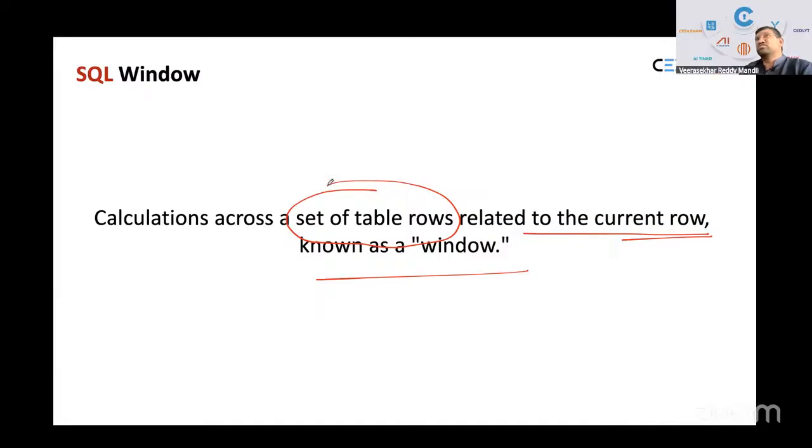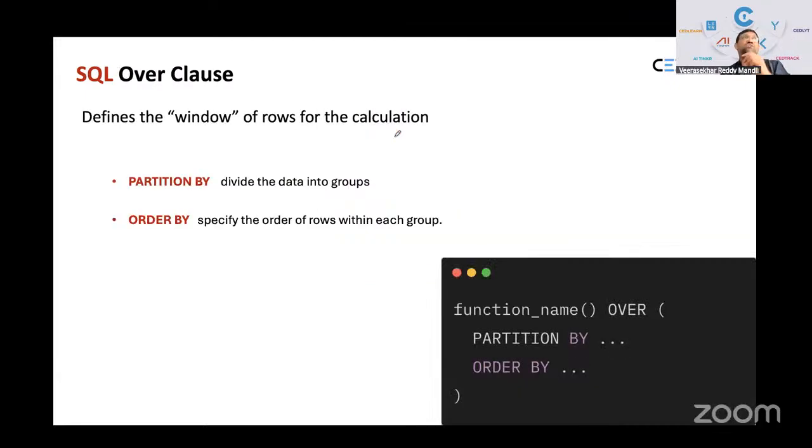For any window function, there must be one clause with it, because we need to set the table rows, which kind of rows have to be selected. That we are going to do using the OVER clause.